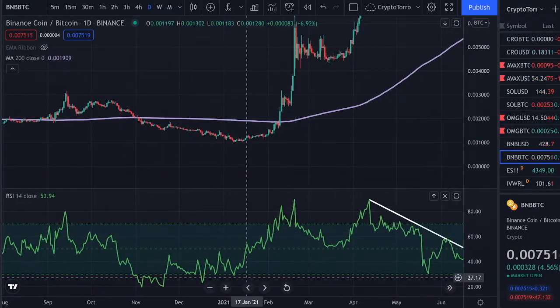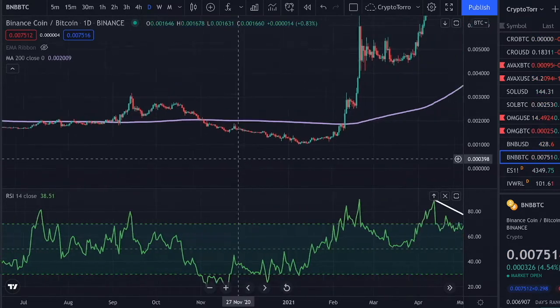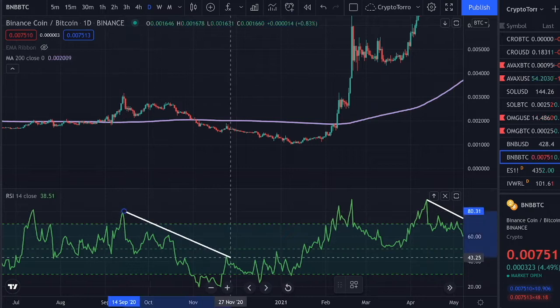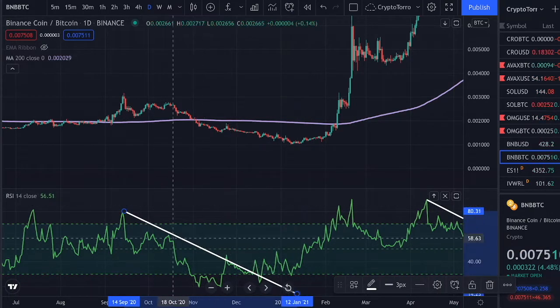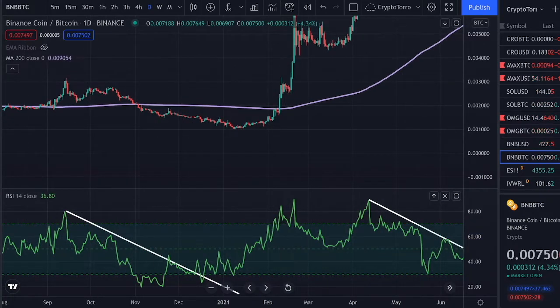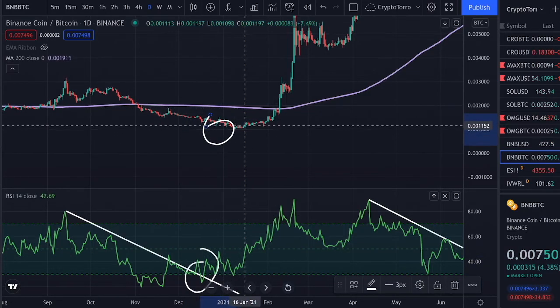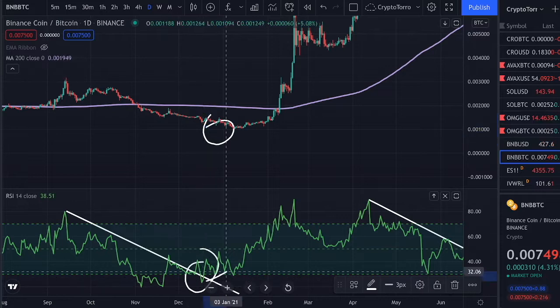So something like this is possible, but let's take a look at even further previous data. For example, once we were below the 200-day moving average, we were on a downward trend on the RSI for sure, just like this. And once we broke out above it, you could clearly see that afterwards we saw a clear moment of accumulation, and afterwards a major spike, and as well a run up on the RSI.